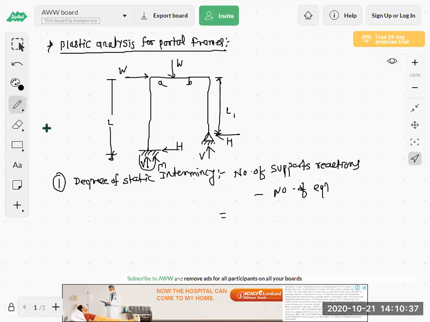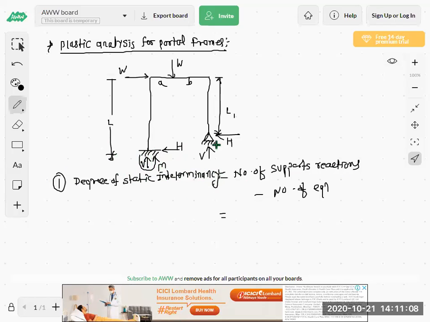Here there is a spelling mistake, I will correct this: degree of static indeterminacy. So degree of static indeterminacy is equal to the number of support reactions. For the fixed support, one vertical, one horizontal, and another is the moment.